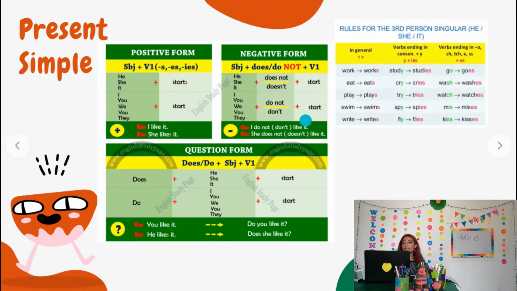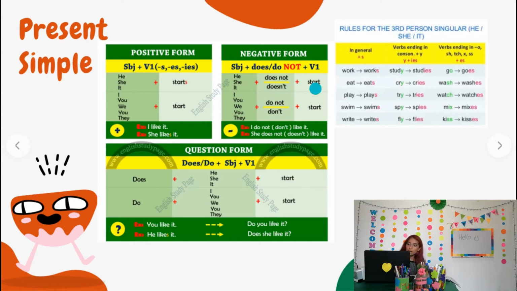Now the negative form. When we are going to say that we're not doing something, we use a negative form. For example, in this case, we will use he does not start. We're not going to add an s to start. It's not going to be starts, but start, because we are using the s in does not or doesn't.